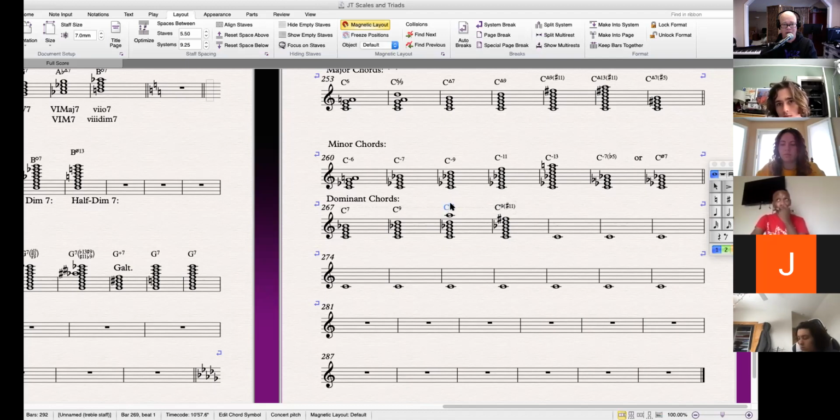But know that common performance practice, if you write C7 sharp 11, most of the time they'll fill it in anyway. They'll put the 9th in there anyway. Okay. Pragmatism, again, is the word for the day when it comes to these chords. Lots of things work.